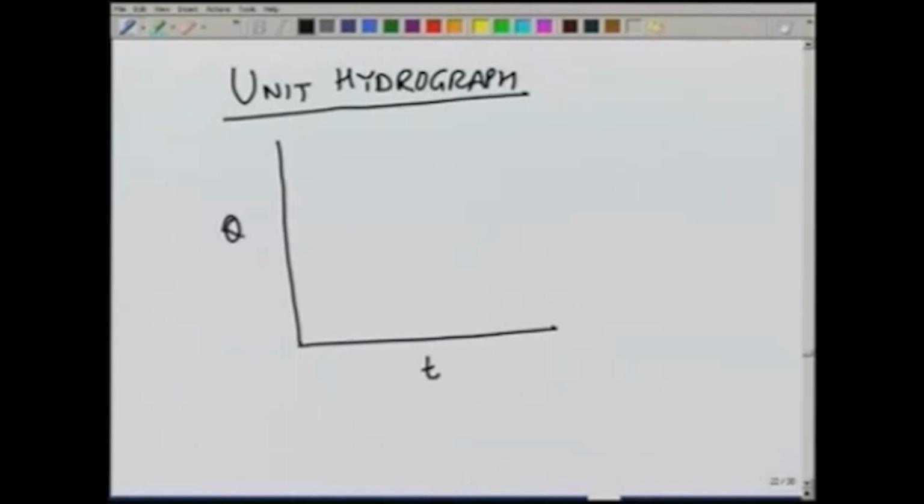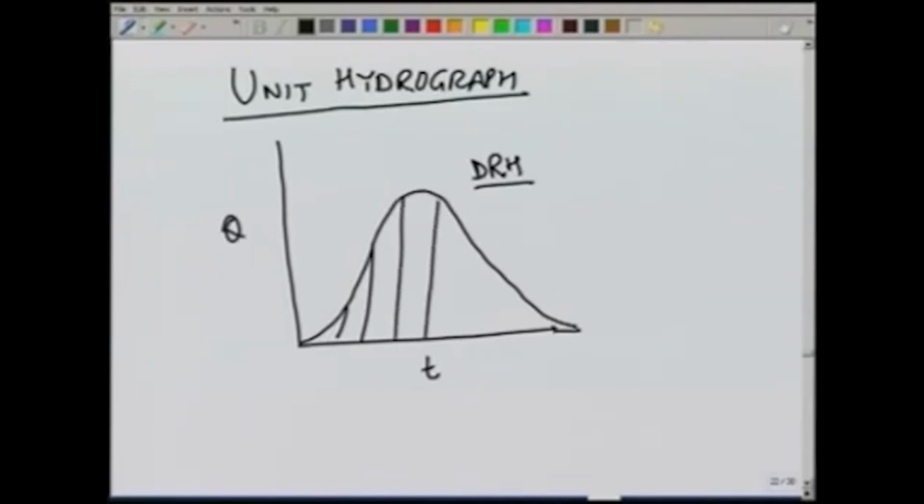So, before we discuss unit hydrograph, let us look at DRH and look at the area under this curve, because this will help us in finding out or deriving the unit hydrograph.